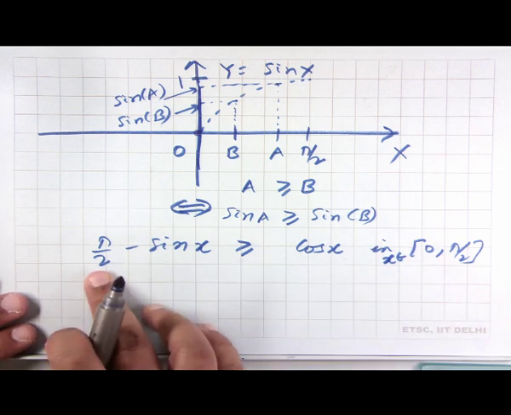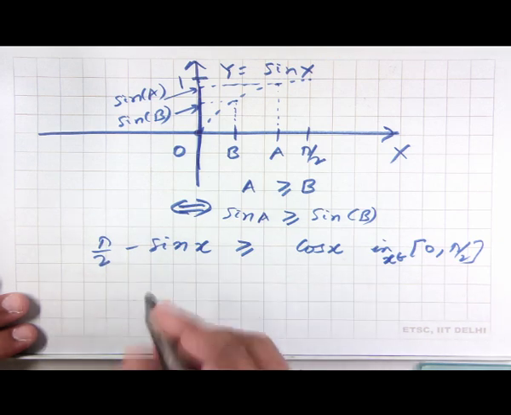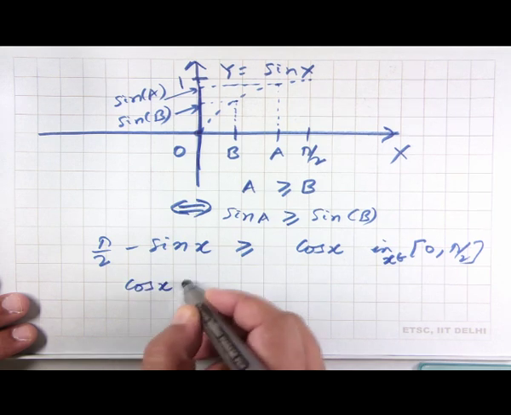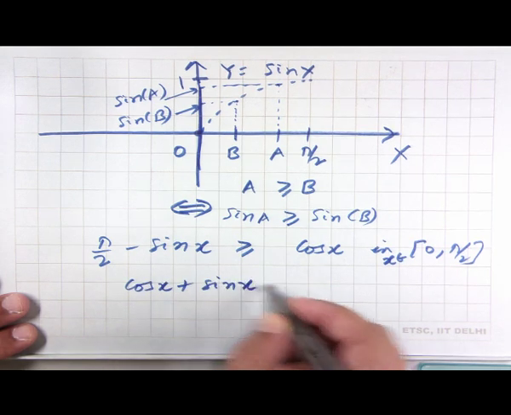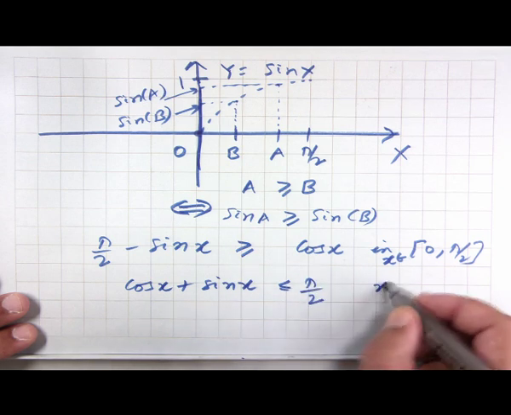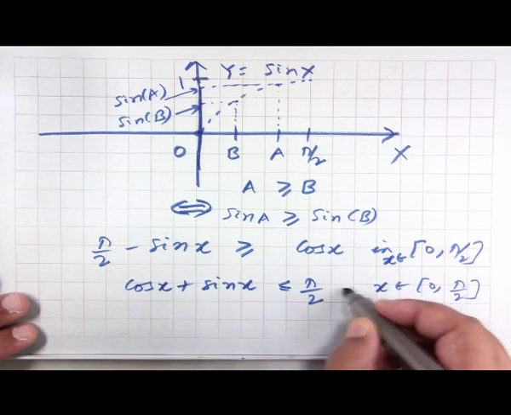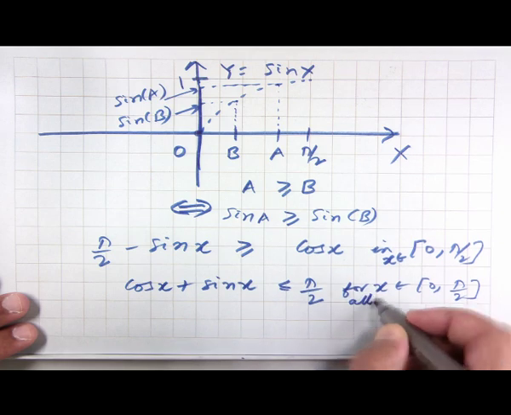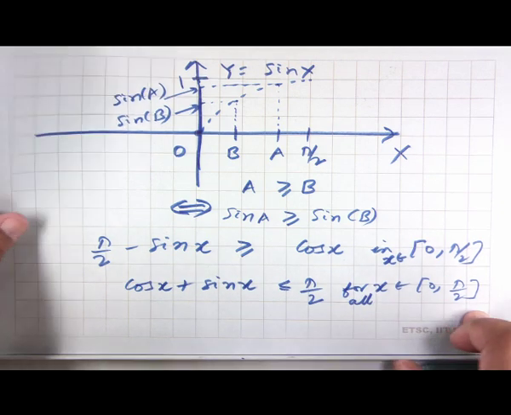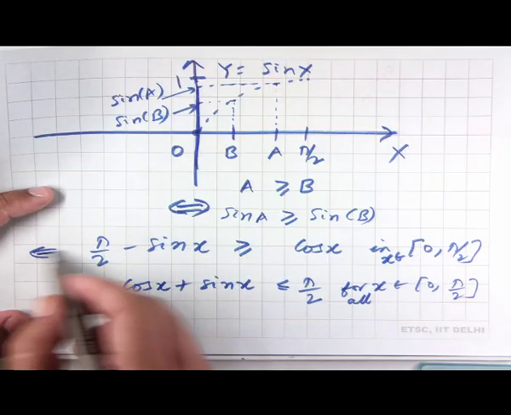So, let us try to further examine this particular inequality. Showing this is equivalent to showing that cos of x plus sine of x is less than or equal to pi by 2 for all x in the interval 0 to pi by 2. So, we try to show this on the next slide. These two are equivalent statements.